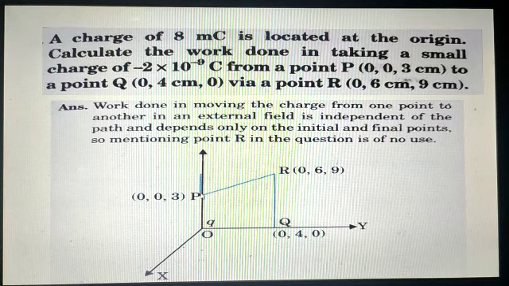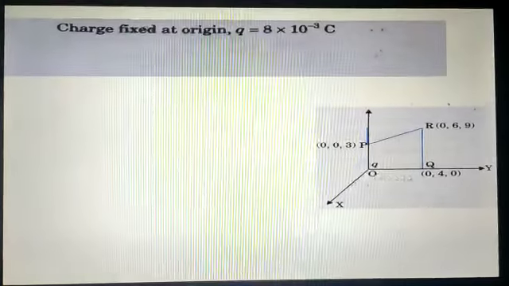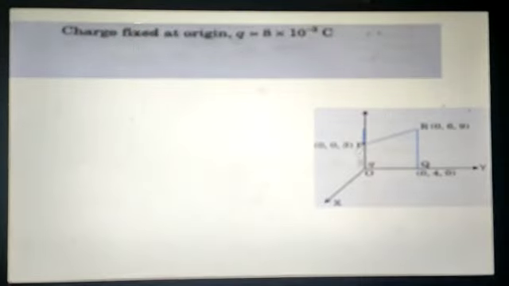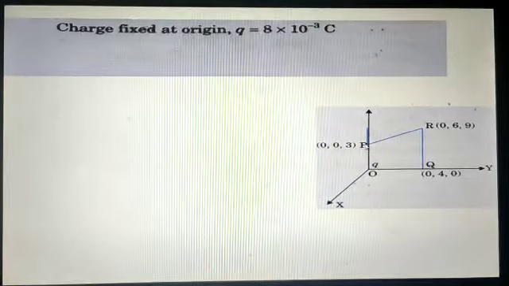That potential difference multiplied by the charge which has to be moved, -2 into 10 raised to the power -9 coulomb, will give you the total work done to move this charge from P to Q. X-axis, Y-axis and Z-axis are given, and accordingly the locations of Q and P are given.